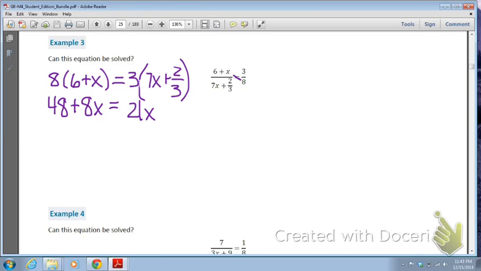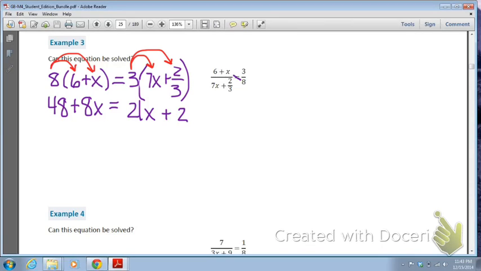And then we've got 3 times 2/3, which is just 2 over here. So I've got 21x plus 2 here. And remember, I didn't draw my arrows, but I'm multiplying each term inside the parentheses by the term out front. Okay, so we have a new equation here.